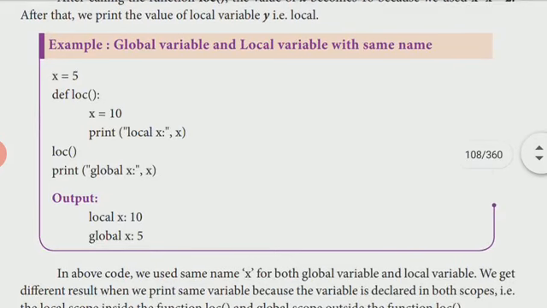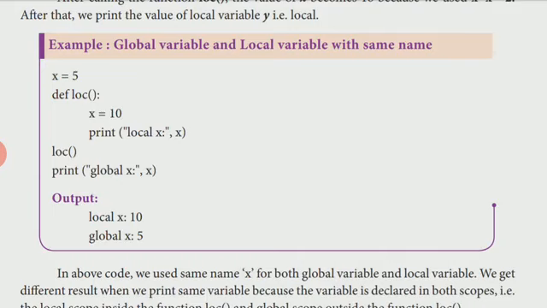Then another example. X equal to 5, def local, x equal to 10, print local x. Then they called the function, then print global x. So here we are going to print the value of the local variable and the value of the global variable.